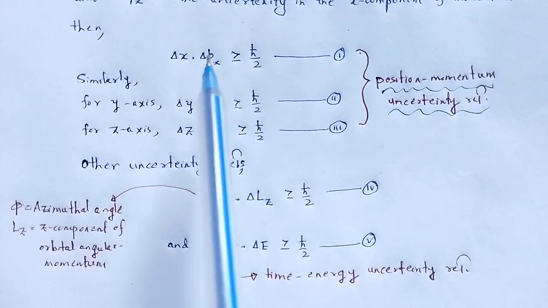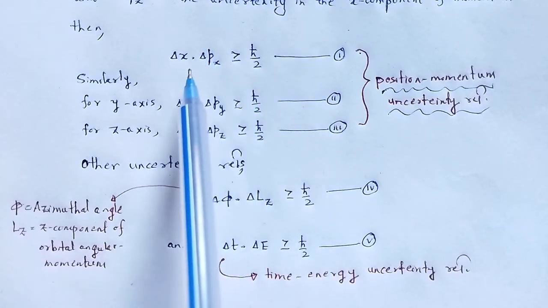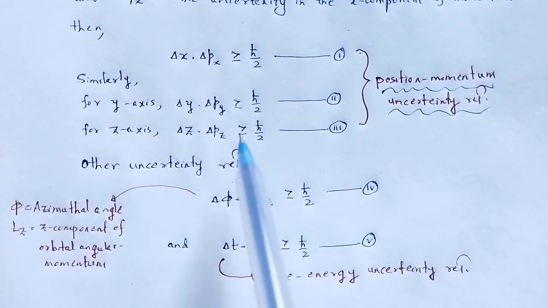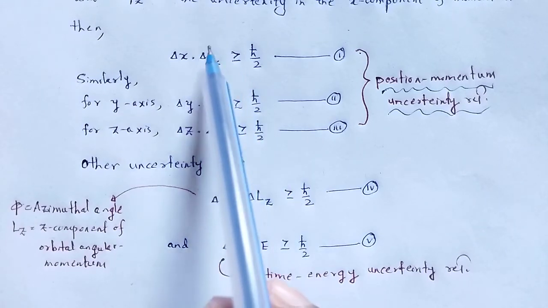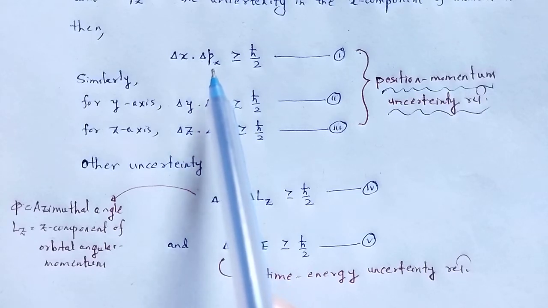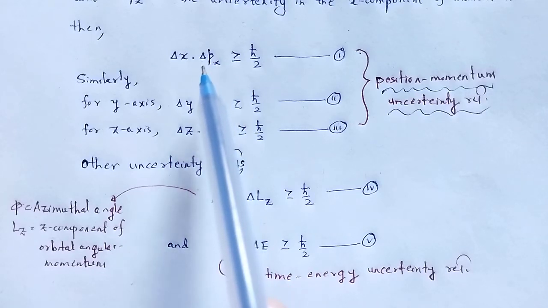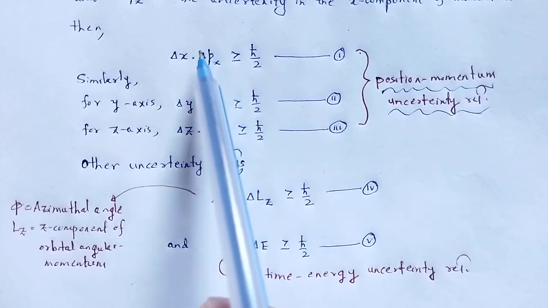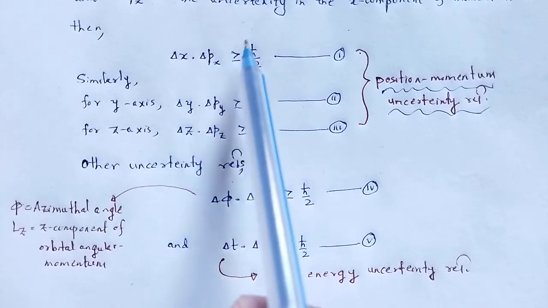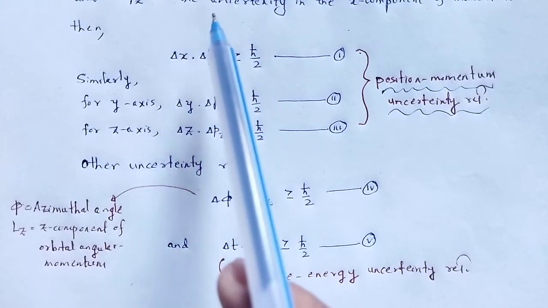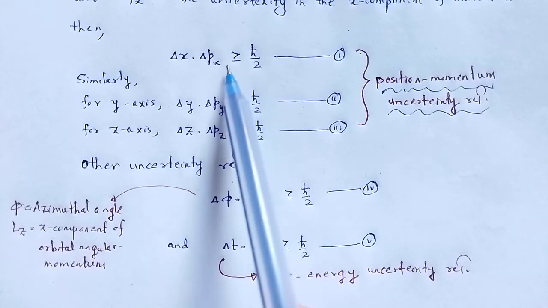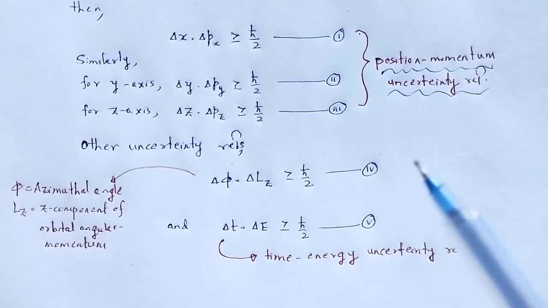Otherwise, if the x component of linear momentum is measured with 100% accuracy, that means del px will be 0, the uncertainty in momentum will be 0, that leads to del x tending to infinity.